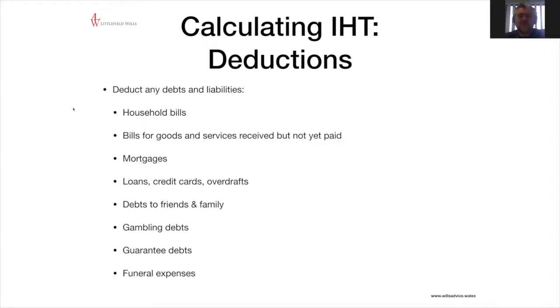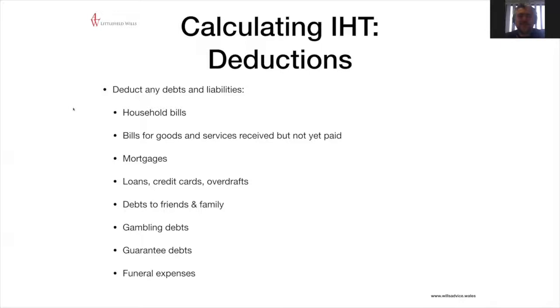So that's the assets. Then deductions. Deductions, anything which is owed by the estate. So again, I've listed out there, household bills, bills for services and goods not yet paid, mortgages. You obviously need to write to the lenders in each case, asking for the amount owing on that house or property.